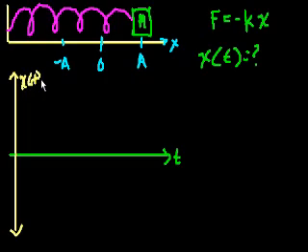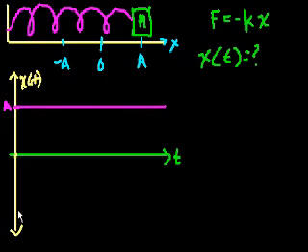And this state that I've drawn here, this is what at time equals 0, right? So this is at 0. Let me switch colors. So at time equals 0, what is the x position of the mass? Well, the x position is A, right? So if I draw this, this is A. Actually, let me draw a line there. That might come in useful.